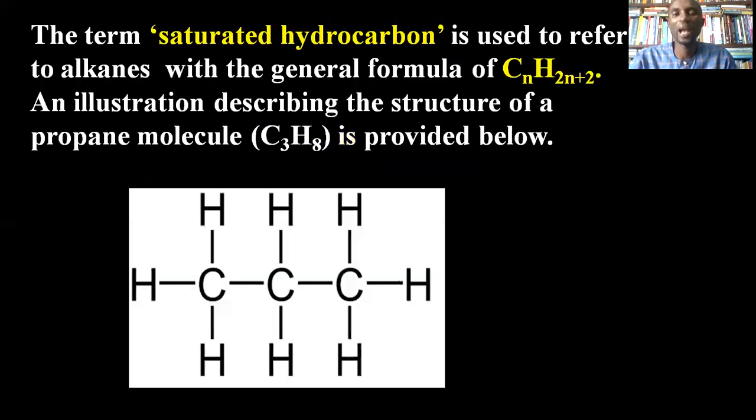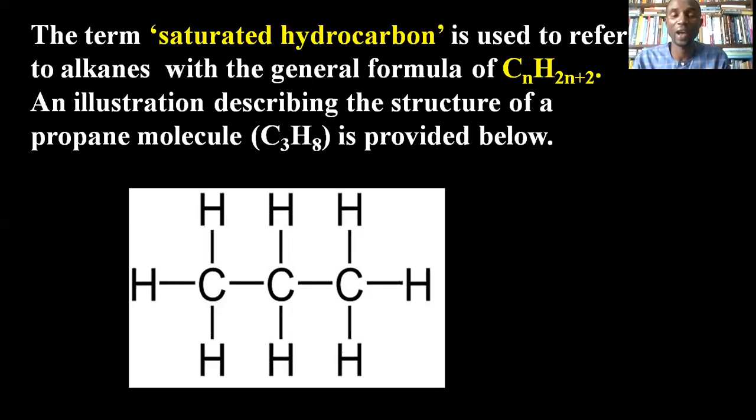Now, the term saturated hydrocarbon is used to refer to alkanes. Whenever you hear about saturated hydrocarbons, your mind should go to alkanes, because they are the only saturated hydrocarbons we have among the homologous series.